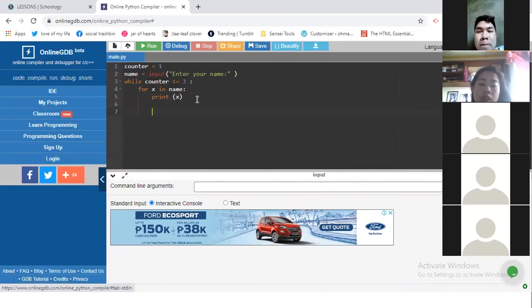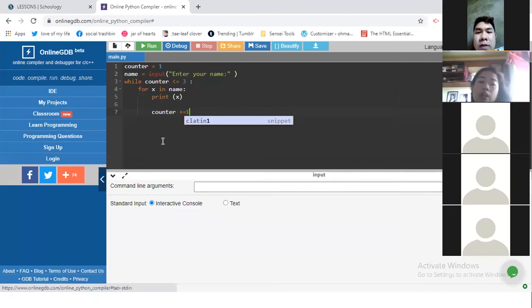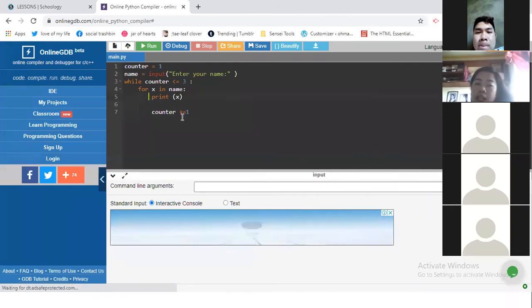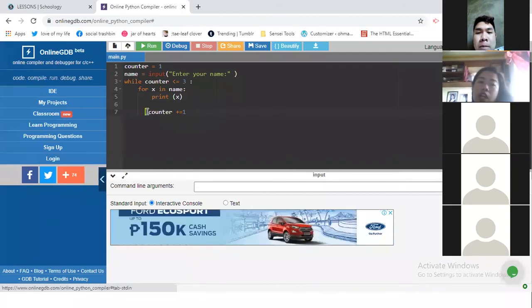So increment is counter equals counter plus 1. Pag sa loob ng for, magka-align yan. Pag sa loob ng while, dito siya naka-align. So the question is, saan ba siya dapat? Sa loob ng for or sa loob ng while?